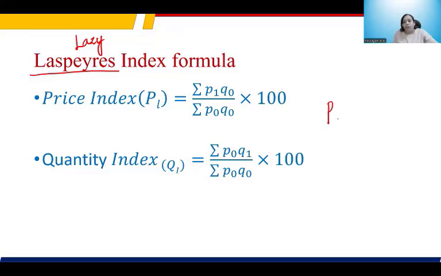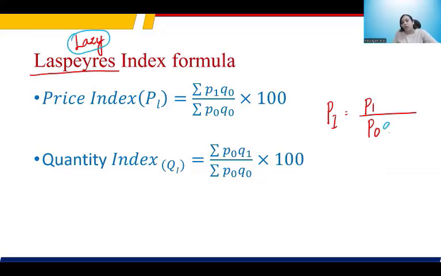Now, first, we are talking about the price index, and then we are going to talk about the quantity index. We need both for the test of consistency. Price index: the moment you say index, there is a change. So price P naught to the current year price. So the price index you have written, but we need to find out what's the quantity. Think of this method as a lazy Laspeyres.